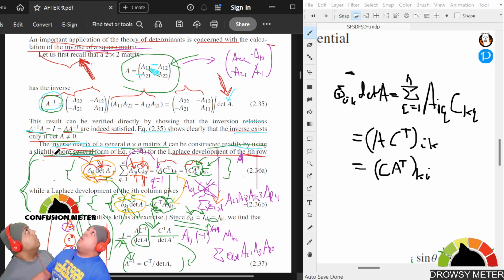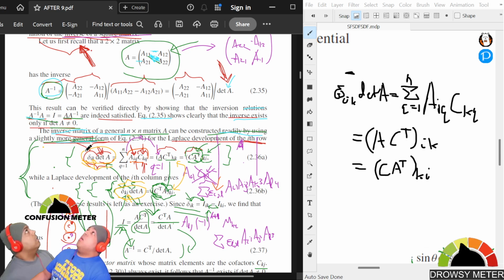Laplace of the ith row. What does that mean? Let's just do the first row. That means we're using this guy. We're using one row, and we're doing cofactor shenanigans with that row.